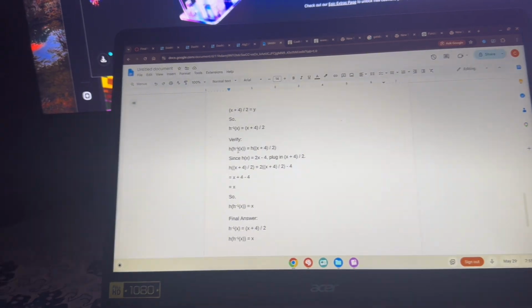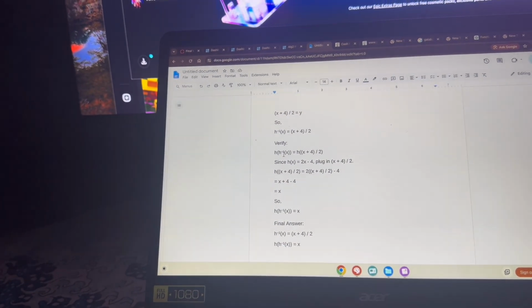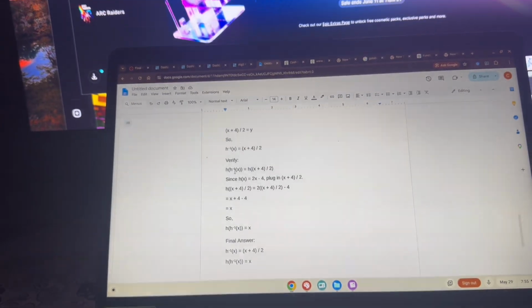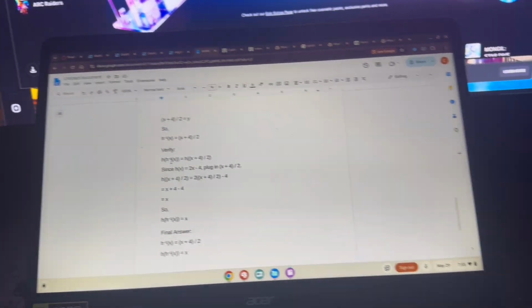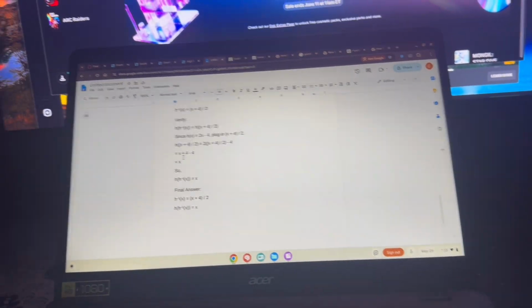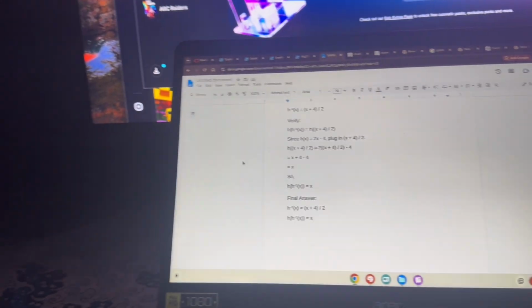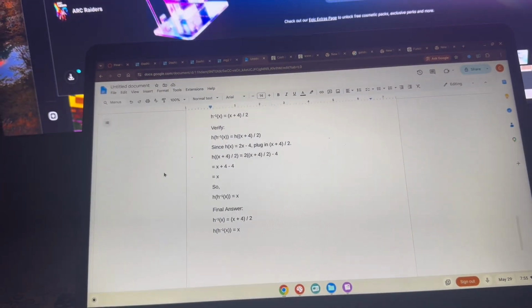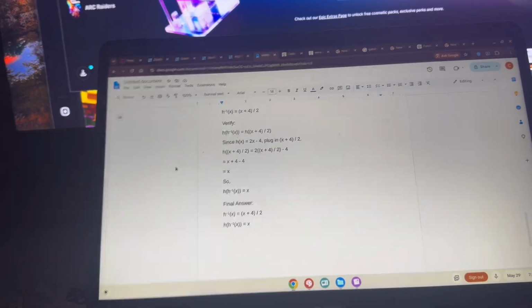So h to the power of negative 1 of x equals x plus 4 divided by 2. To verify that, we have h of h inverse of x equals h of (x plus 4) divided by 2.